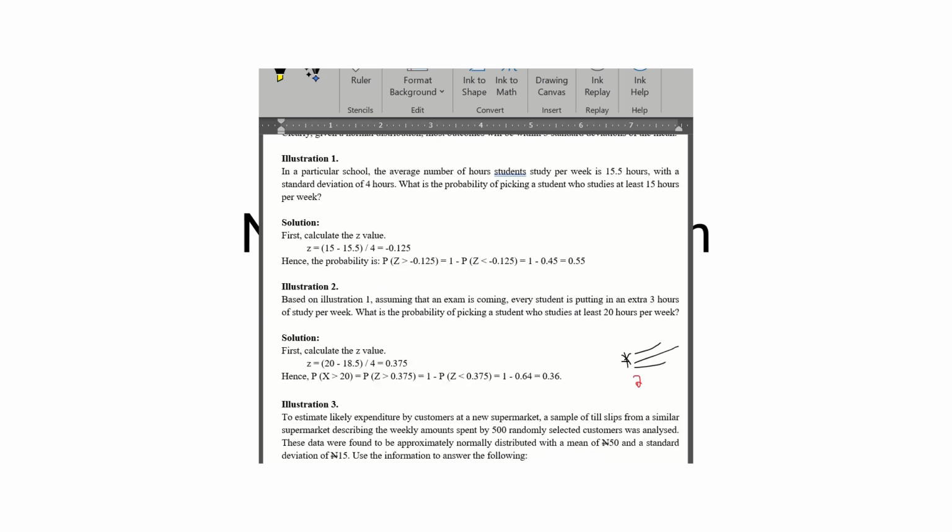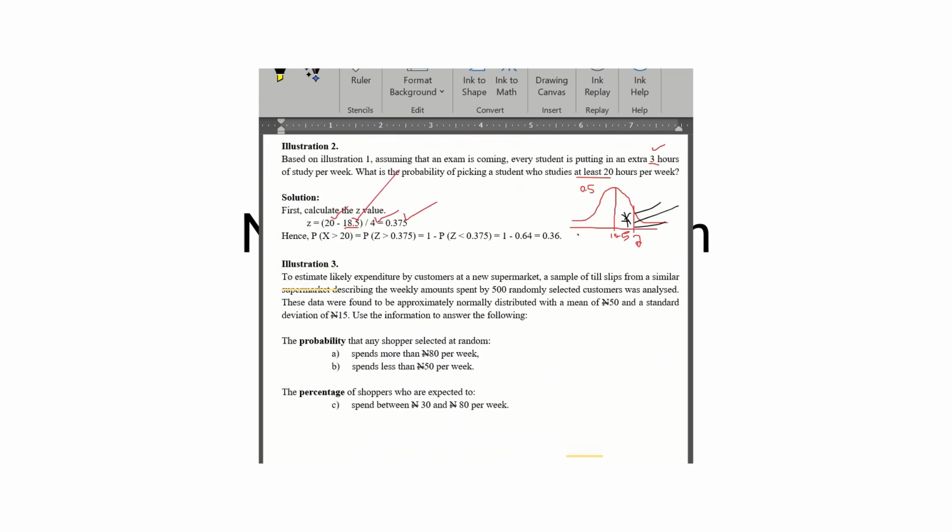So when we go back up, if this is 0.1443, this is for this place. Then if you remove this from 0.5, you get the answer. So you say 0.5 minus 0.1443 to be 0.36.